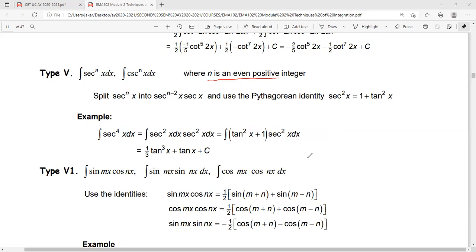Yes, miss. Okay, do you have any idea why n should be even and positive? It can't be positive and odd, meaning it should also be even. Why do you think it should be even?